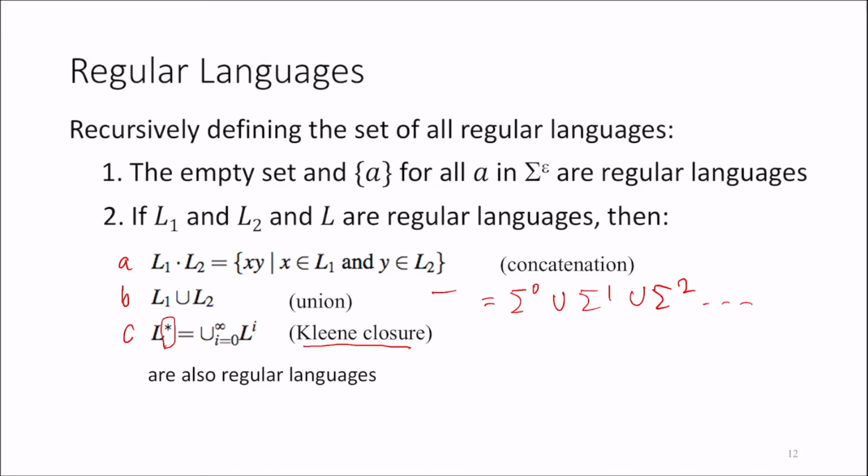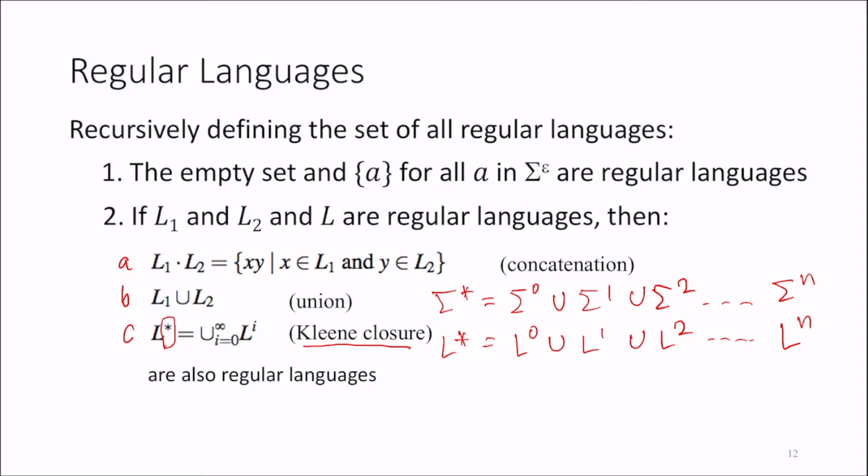And this was called sigma star. L star is exactly the same, except we have L0, L1, L2, all the way to Ln. And just like here, n can be any integer that you want, tending to infinity. So it's the same idea, except we're starting from a language instead of the alphabet.